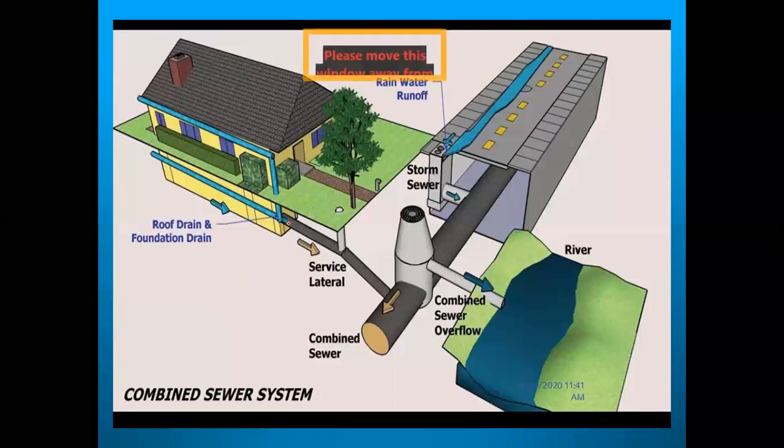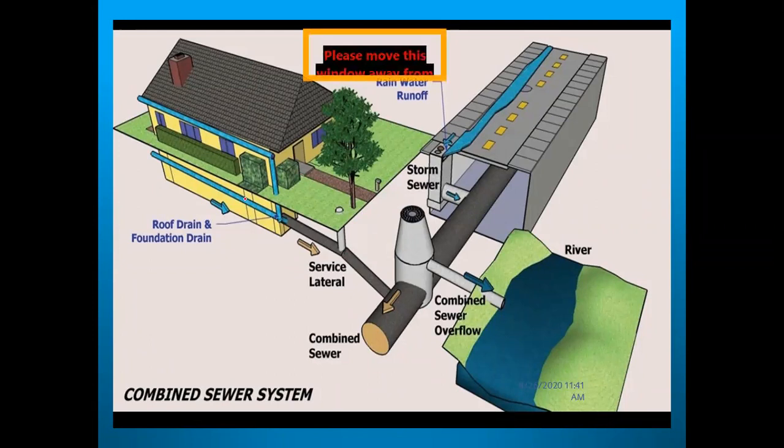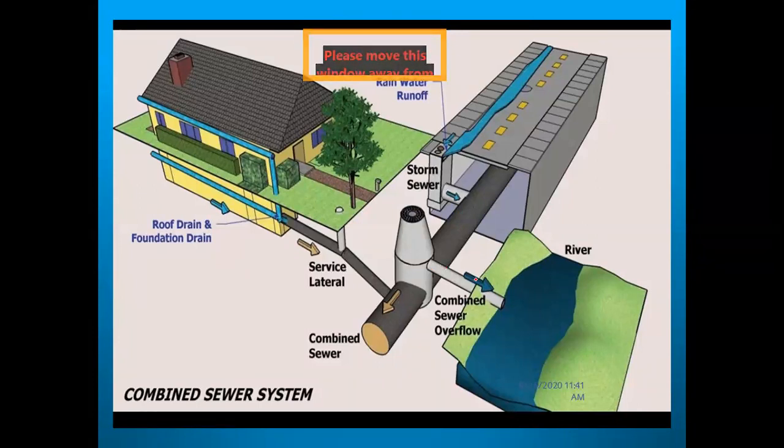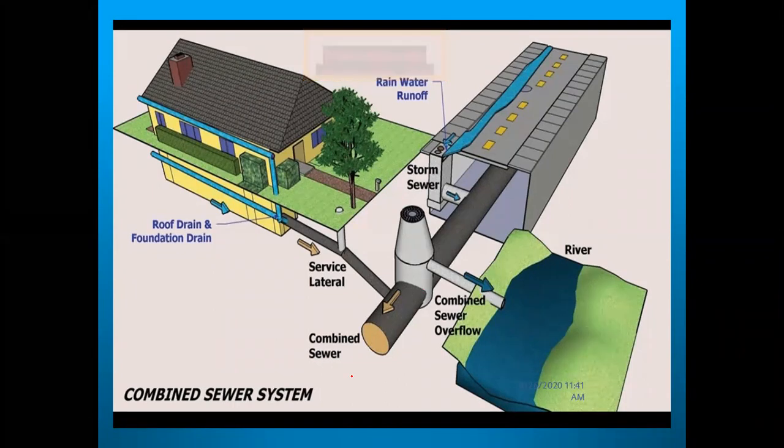Now the service lateral: whatever household water we use in the house is also passing into this chamber and combining with the stormwater. Here is the combined sewer overflow. Whenever the water overflows from this pipe, it is bypassed to the river bed, and the combined sewer is passing into the sewerage system. This is the general layout of the combined sewer system.